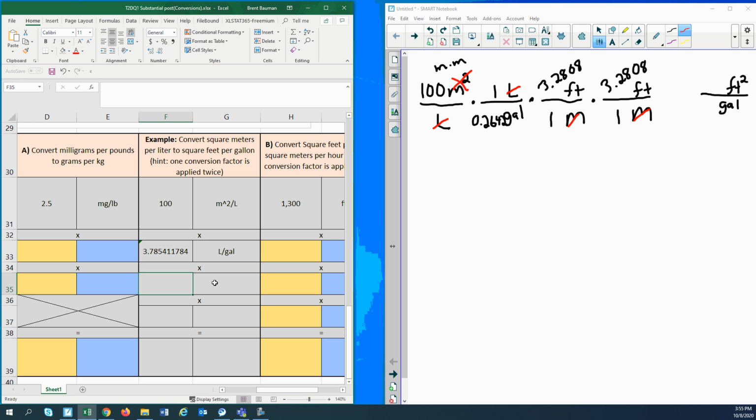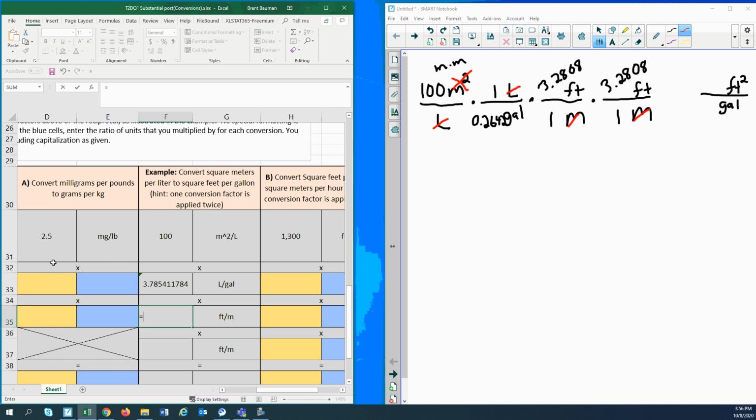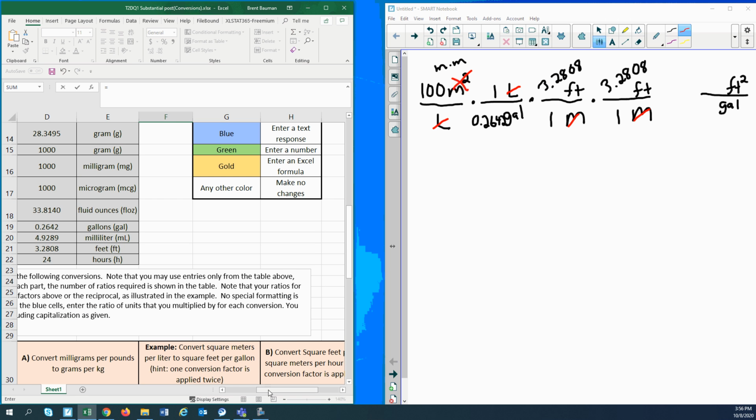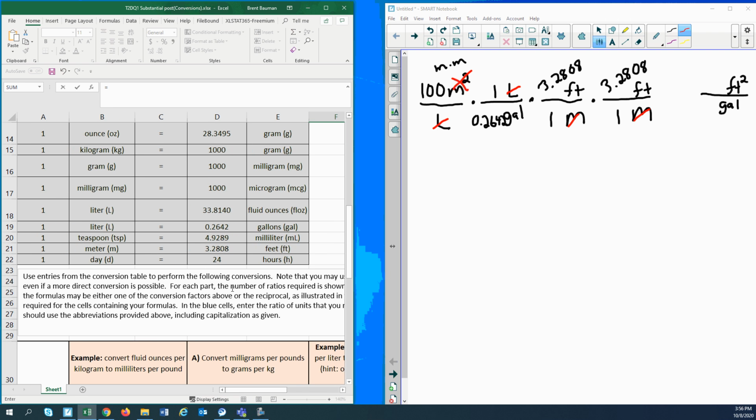Now our next one is the feet per meter. And it's actually the same here, right? They're both feet per meter. And again, we're going to use cell reference. So let's hit equals and go up to our table to find our feet per meter cells. So I have my feet per meter.